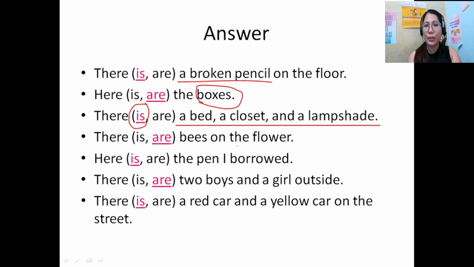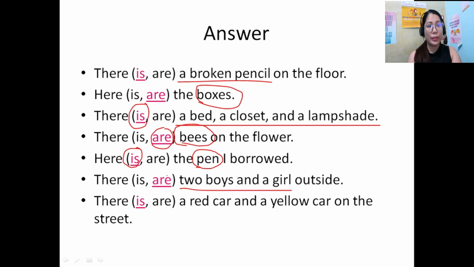There are bees on the flower. Yes, plural subject, plural verb. Here is the pen I borrowed. Pen, singular, is. There are two boys and a girl outside.